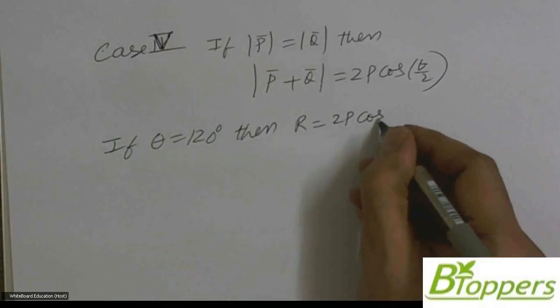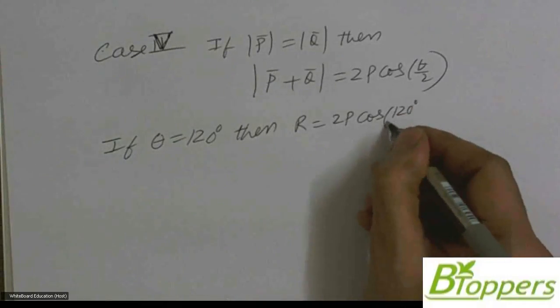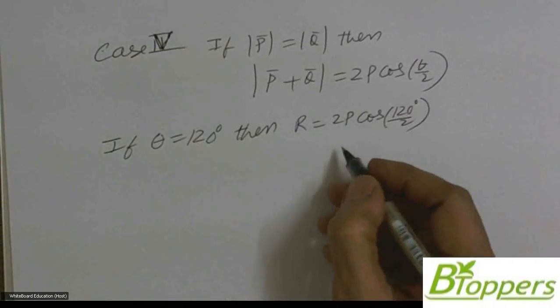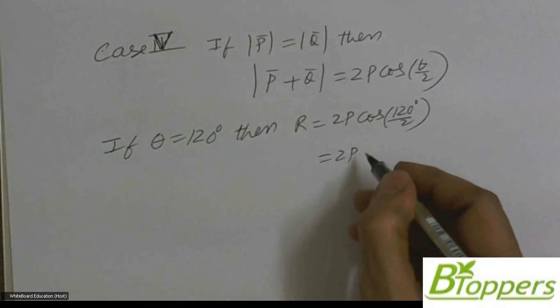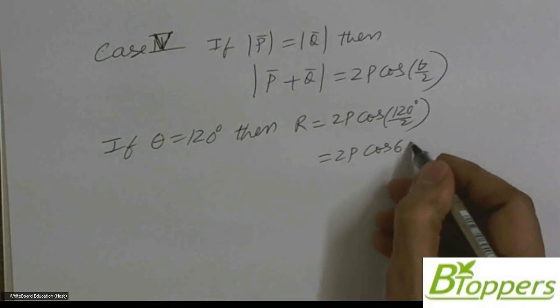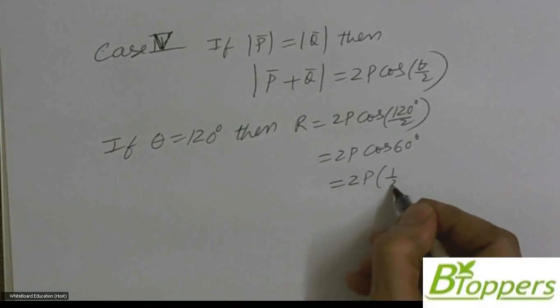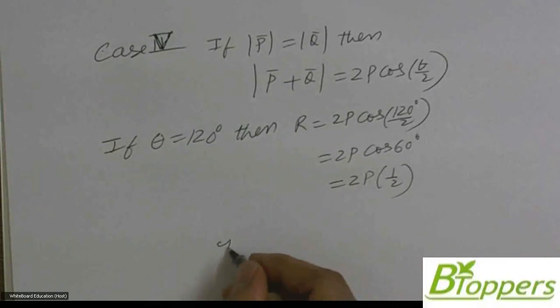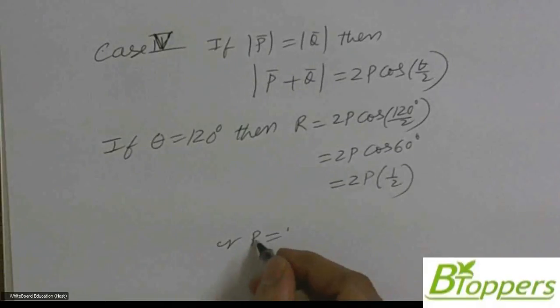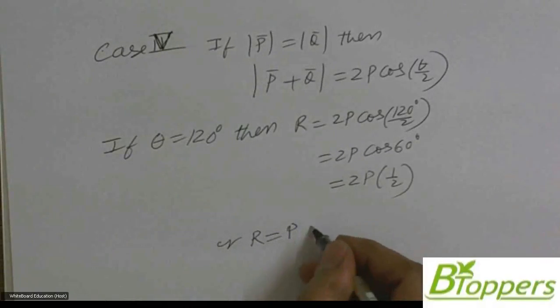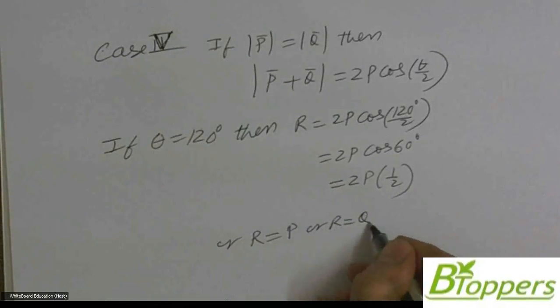R equal to 2p into cos of 120 degrees by 2, or 2p cos 60 degrees, or 2p into cos 60 degrees, which is 1 by 2, or you can write r equal to p, or r equal to q.